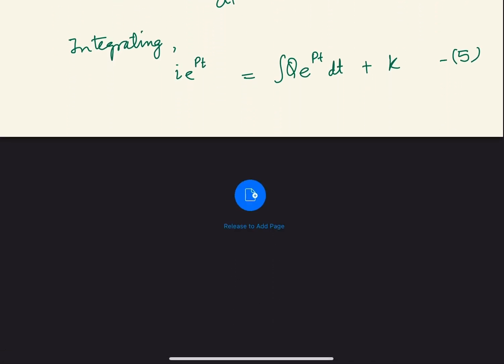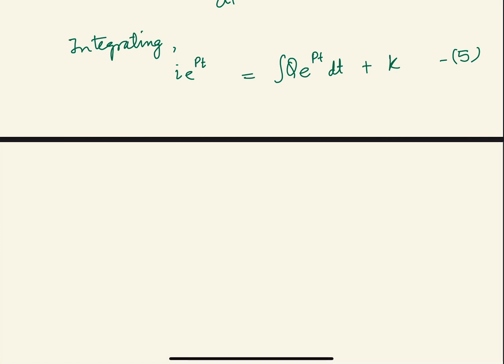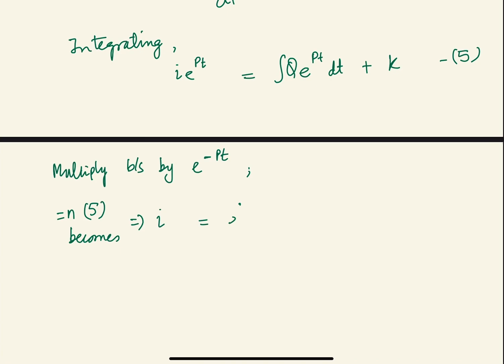Now I'll do some more manipulation. I'll multiply both sides by e to the power minus pt. Equation 5 then becomes i is equal to e to the power minus pt times the integral of q e to the power pt dt, plus k e to the power minus pt.